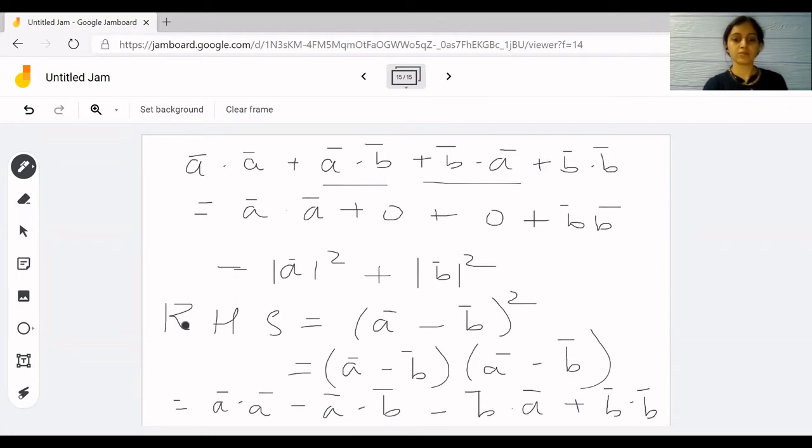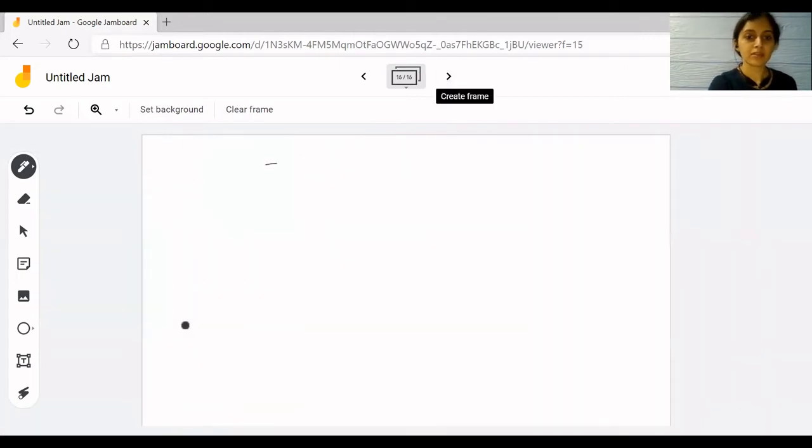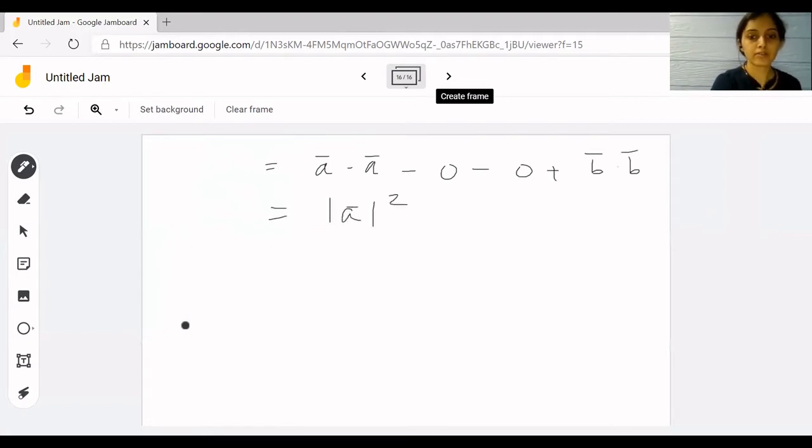Now again this will be equal to a bar dot a bar minus 0 plus b bar dot b bar. The dot product of the same vectors is magnitude squared, so this will be a square plus b square.